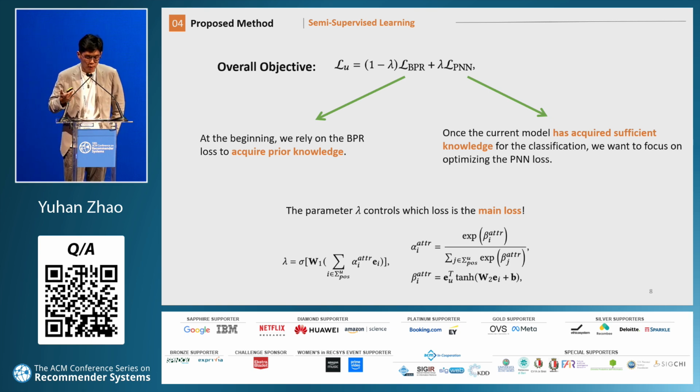And once the model has enough knowledge for classification, we want to focus on optimizing the PN loss, because LPN denotes our triple-wise relationship loss function. So the key is the parameter lambda. The lambda controls which loss is the main loss. We propose a user-aware attention method to solve this problem, like this equation.